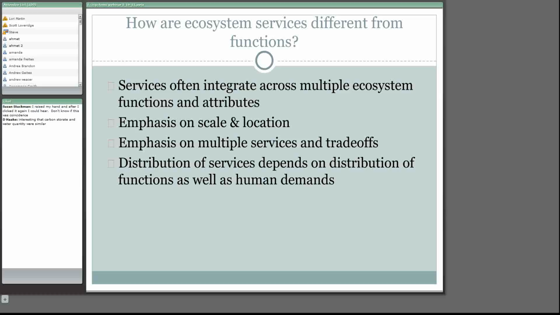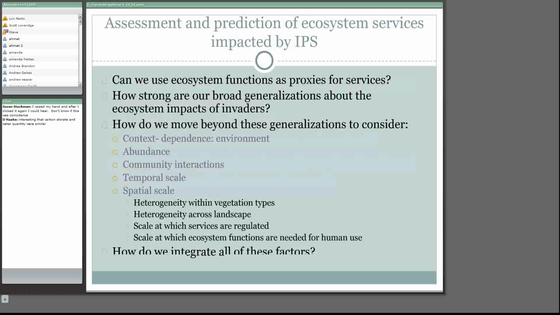The distribution of services depends on the distribution of functions as well as human demands. So if humans have a higher demand in certain areas, this is going to affect services in those areas, and maybe not as much the function of those ecosystems.